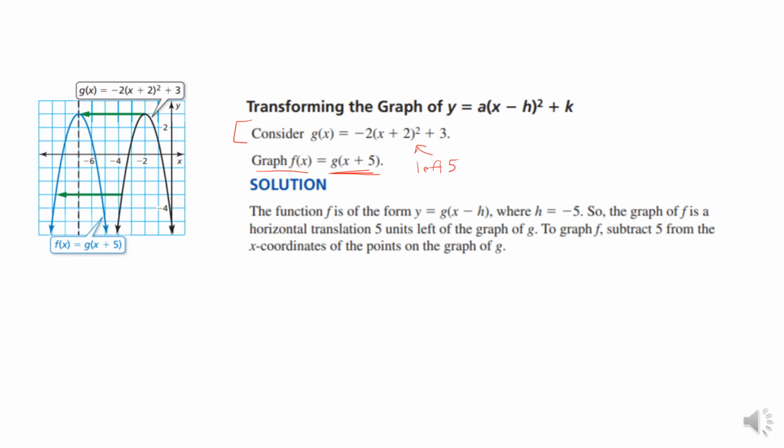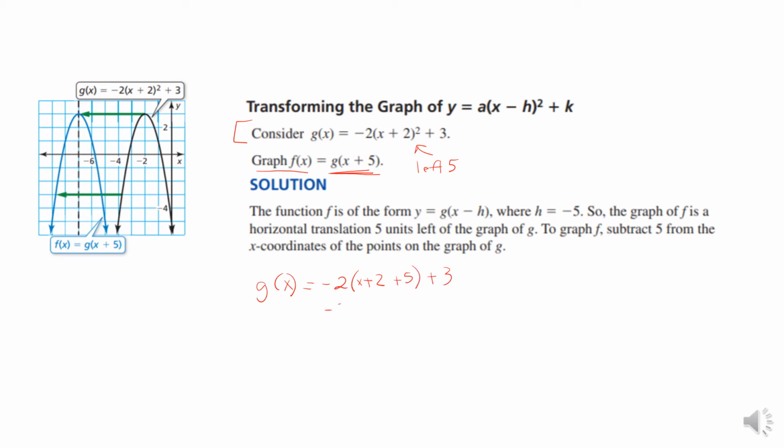So you could just graph the first one and then move it over, pick a few points and move them over, or you could look at the graph and say, okay, I'm taking the g of x, and I have plus 2, and I'm going to move it over, whoops, I forgot the x, you're going to move it over 5 more.